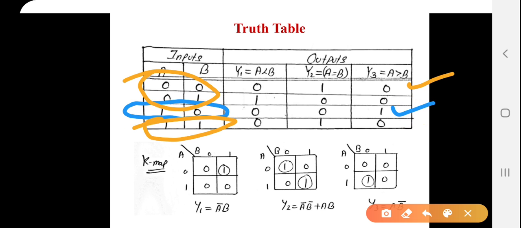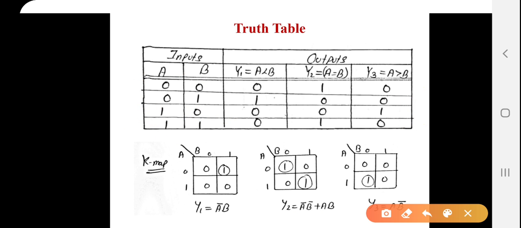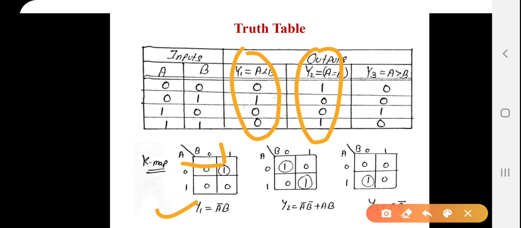After doing this, we need to make the K-map. For this particular column, the K-map will be 0, 1, 0, 0, and after solving this K-map, it will give you A bar B. For the second column, we can form the K-map like 1, 0, 0, 1.